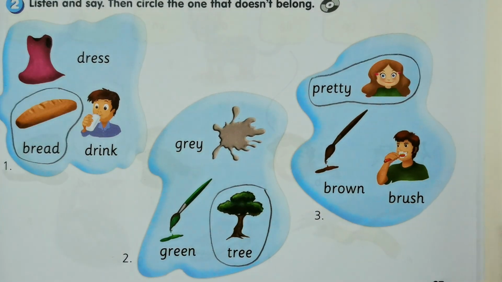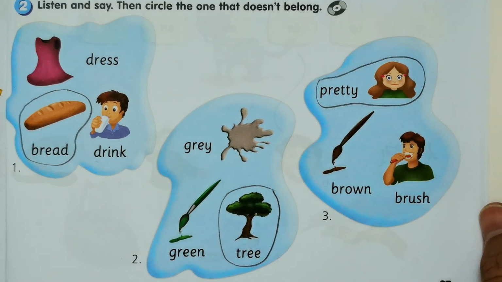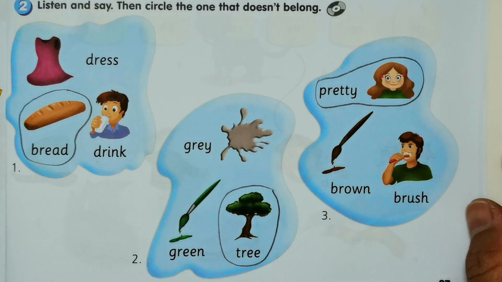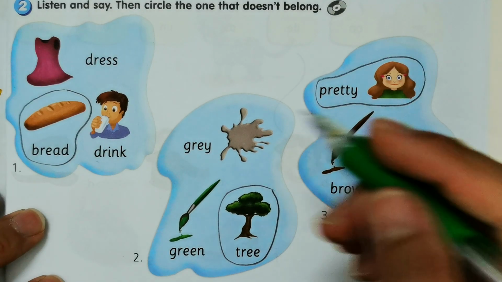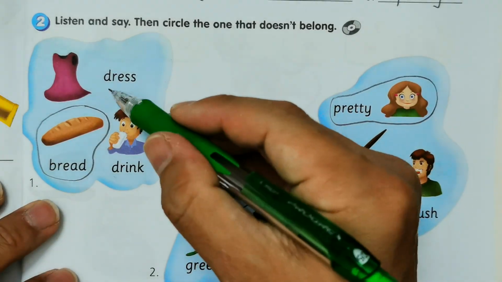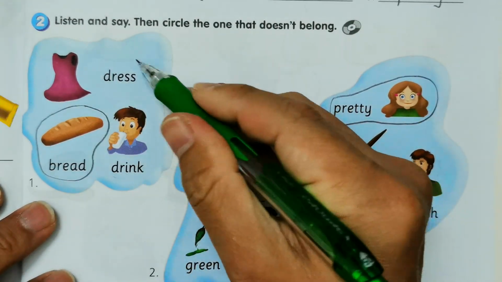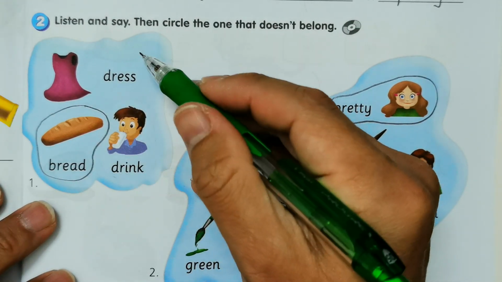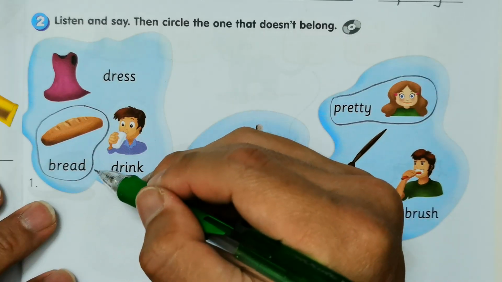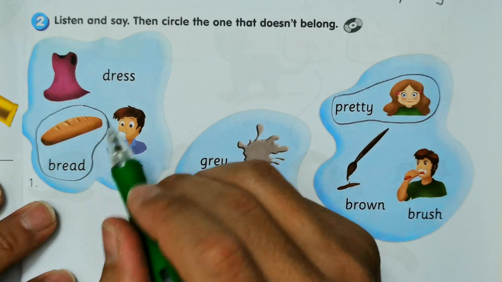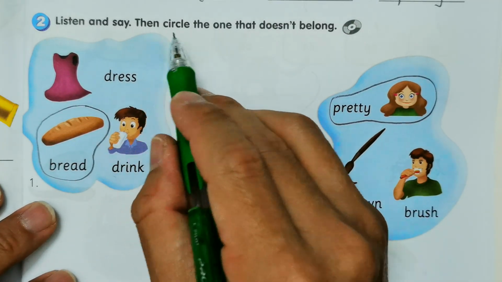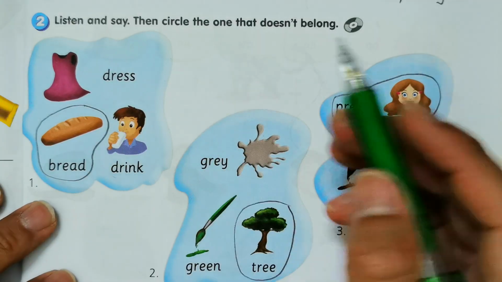So in activity 2, basically you need to identify the first two alphabets of the word. This is very simple. As you can see here, DR and DR belong to the same group. That's why I need to circle this one, because the instruction stated circle the one that doesn't belong.